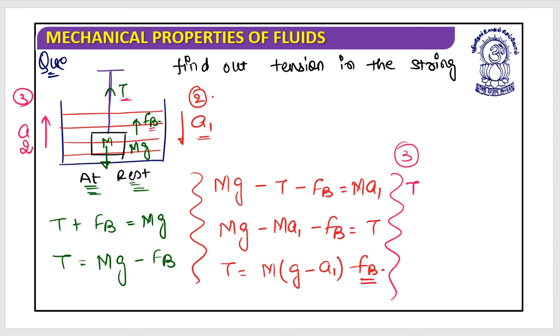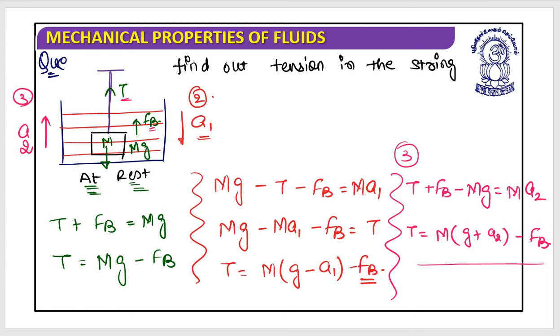So T plus FB minus mg equals m into a2, and from this T equals m into (g plus a2) minus the force of buoyancy. This is the tension force acting.